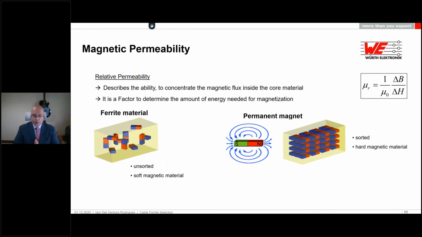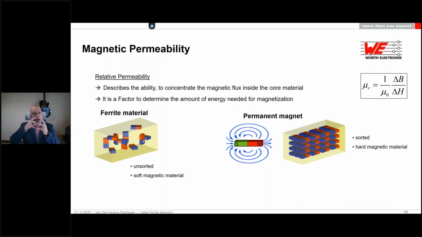So if you analyze your ferrite material, you'll see that it consists of various micromagnets, which we call magnetic domains. These little micromagnets that you've got inside your ferrite are unsorted, they are not organized, they are in different orientations.